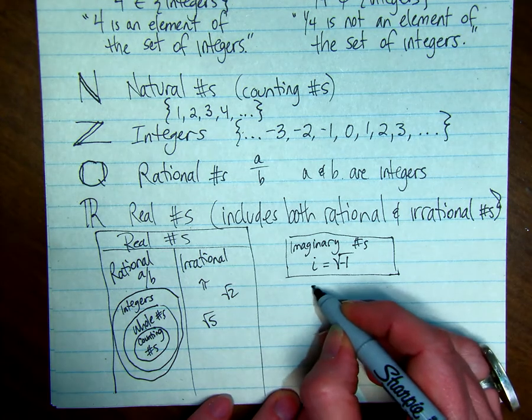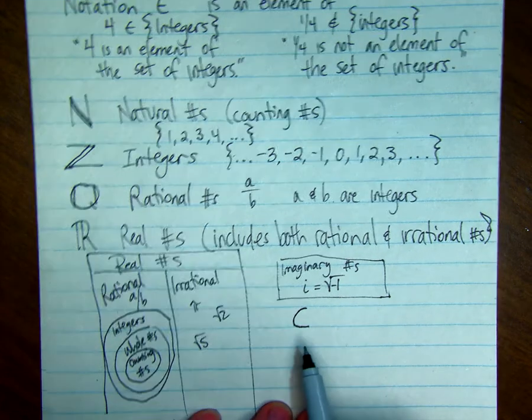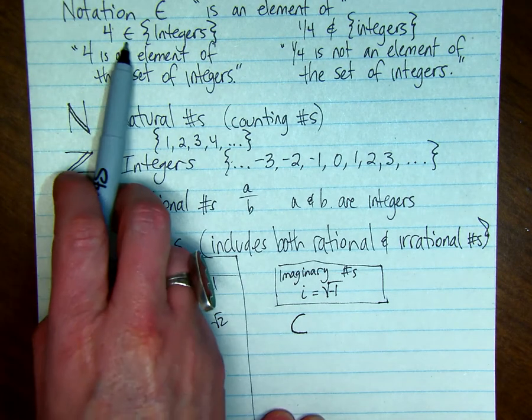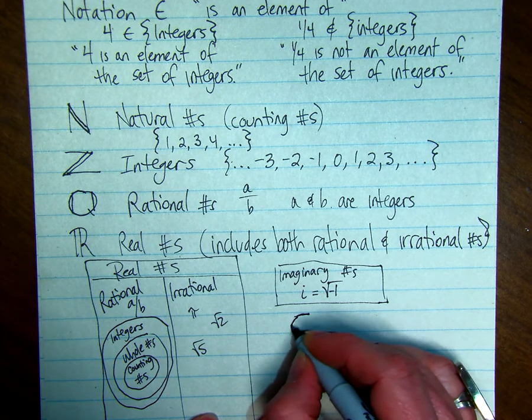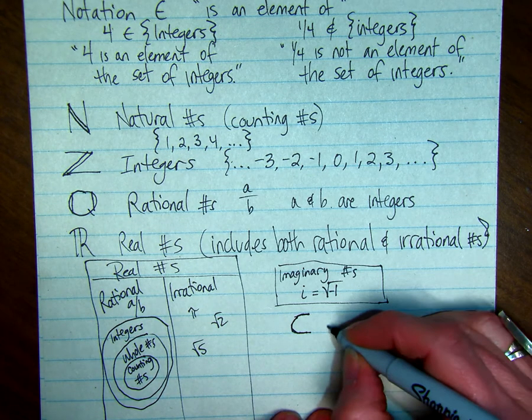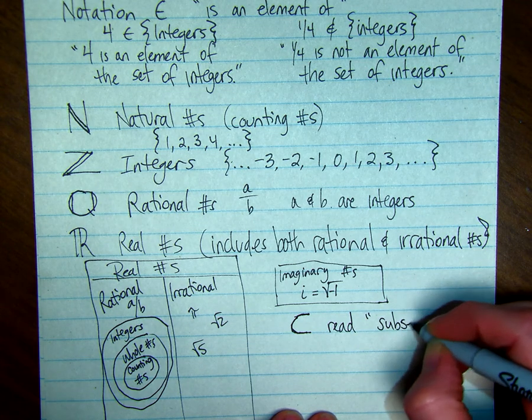Now we have this little c that turns like that. It's kind of like the is an element of symbol, where it has that e with the line through it, but without the line through it. So it's just like this little horseshoe. This is read as a subset of.